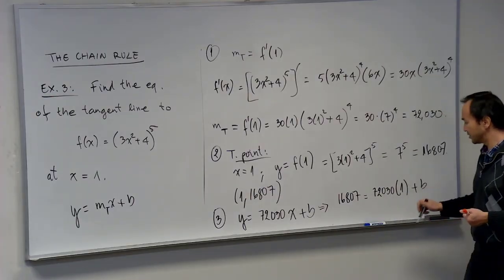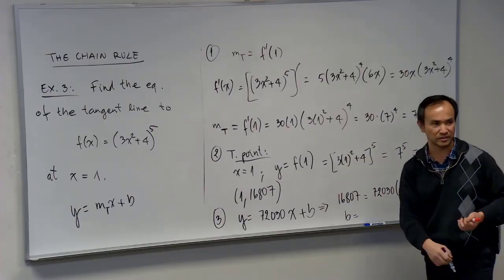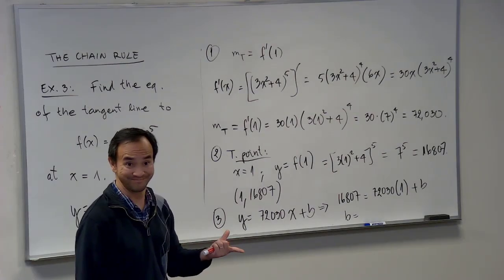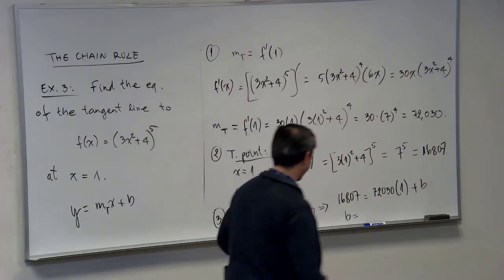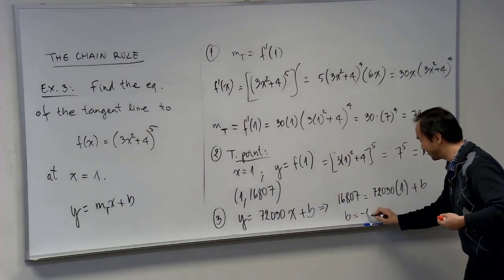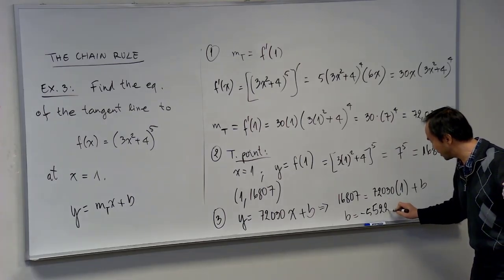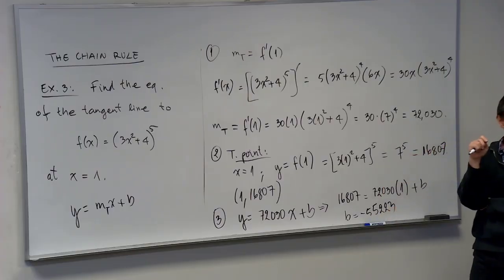Okay. So we can easily solve for b. So go ahead, subtract the 72,000 from the 16,000 something. Did you guys subtract? Negative 55,223. Right, so negative 55,223 for the calculation.